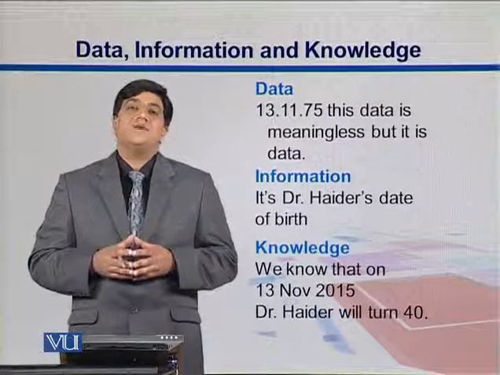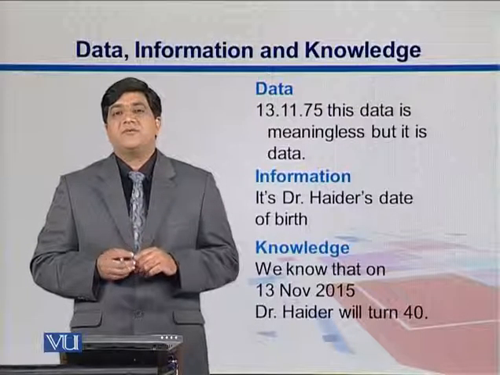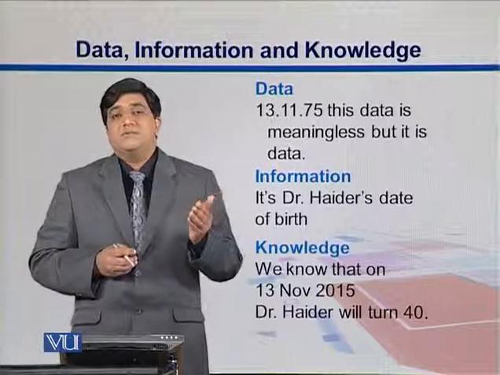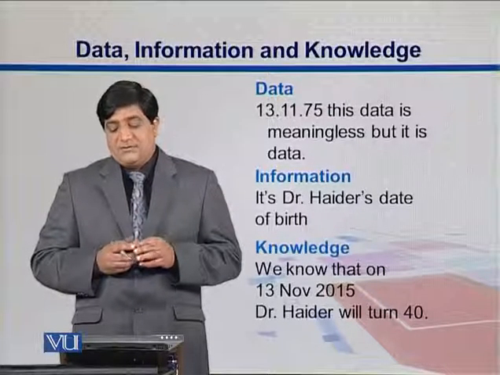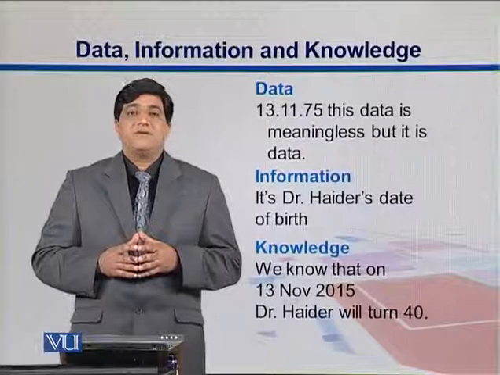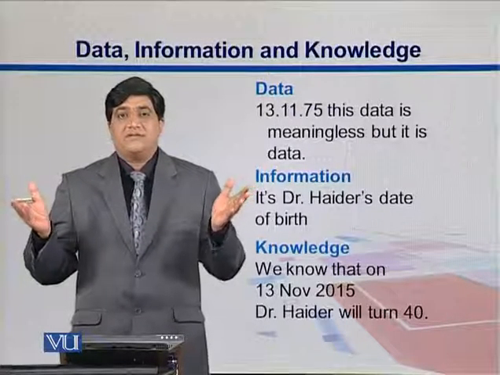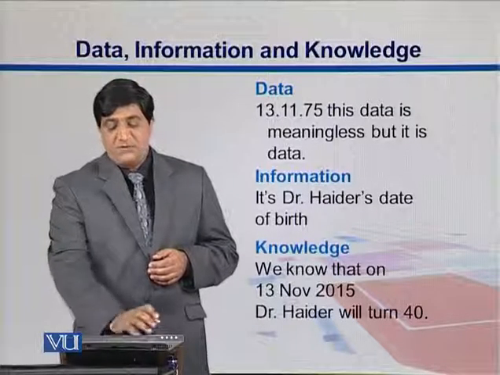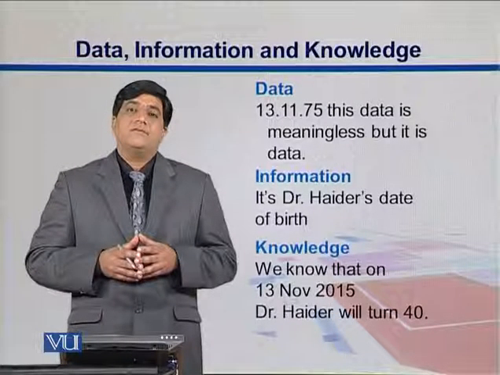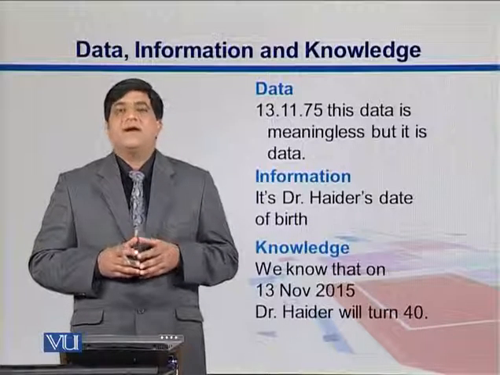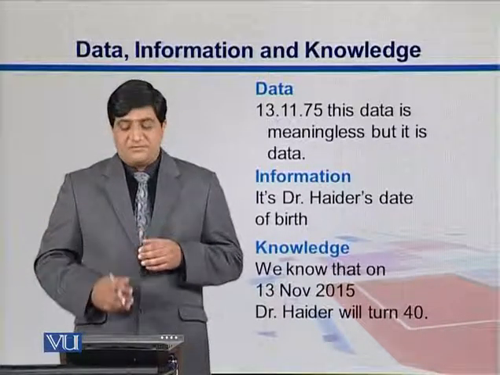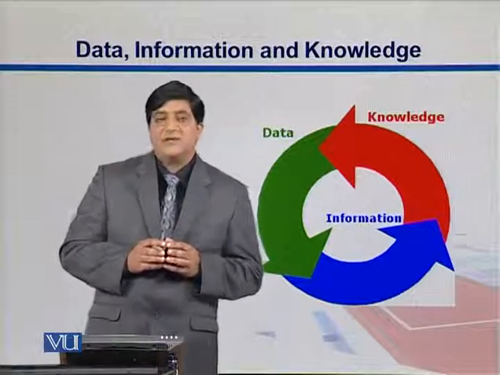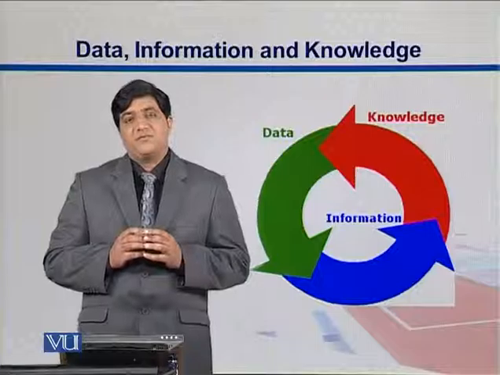Now from that data, you put that information, you get a context, and it leads you to conclude that on 13 November 2015, Dr. Haider will turn 40. So this is how we got some data, put some context with that data, and concluded some knowledge out of it. Again, in this diagram, we can see that data leads to information and information leads to knowledge.